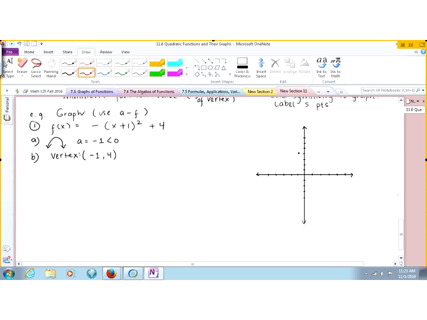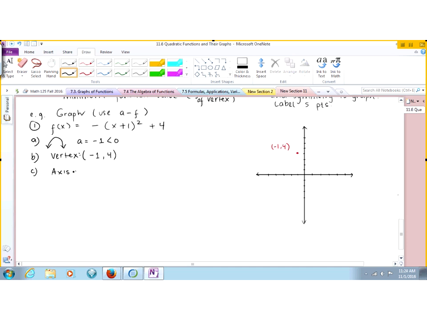So -1, comma 4 is 1, 2, 3, 4, right here. That's my vertex. And I know it will go down, so you should imagine it's going to look like this. Of course, this is not accurate. If your graph later on does something different, then you know we did something wrong, right?